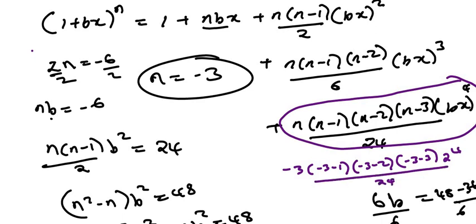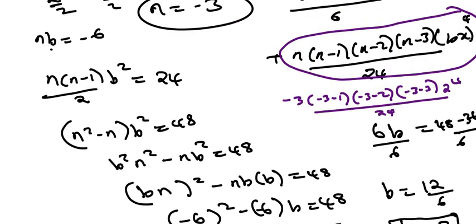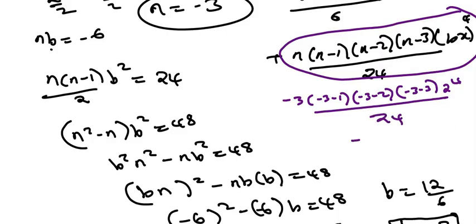You can just solve this. It will give you the number that is needed for the second part as a coefficient. When you're done, you can just simplify it. That's negative 4, that's negative 5, that's negative 6, and 2 to the power 4 should be 16, then over 24.